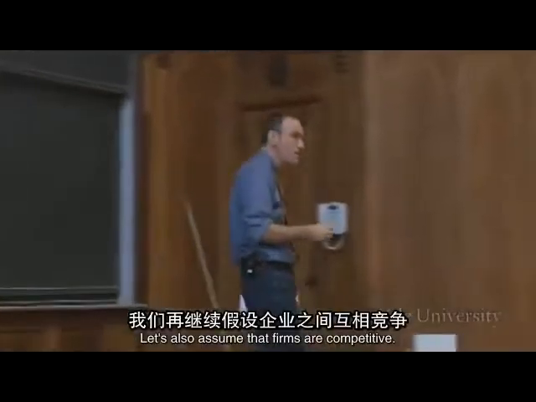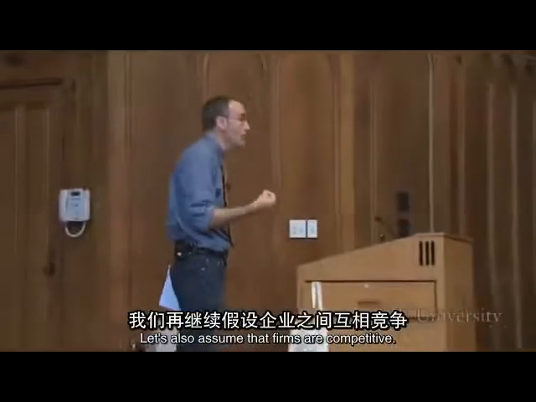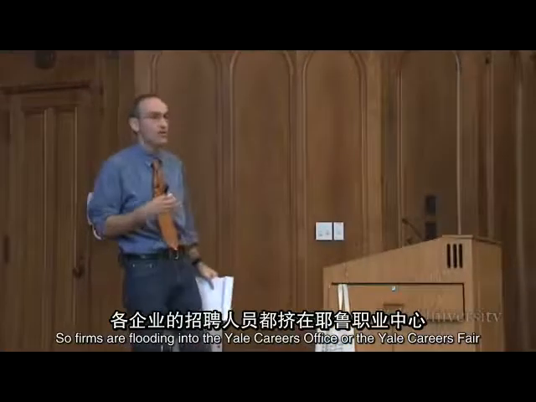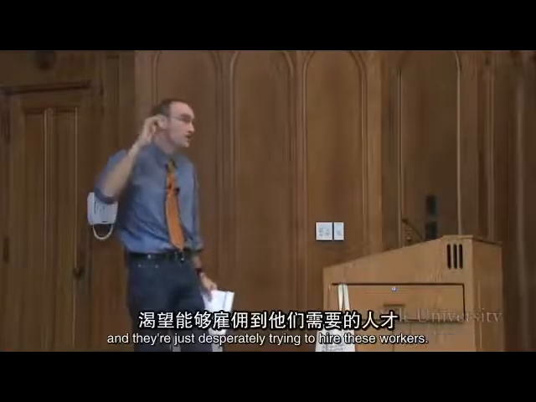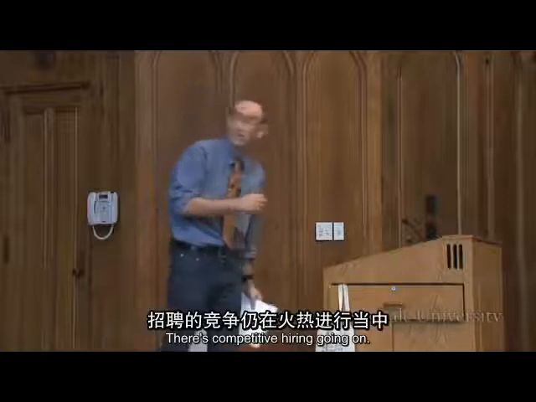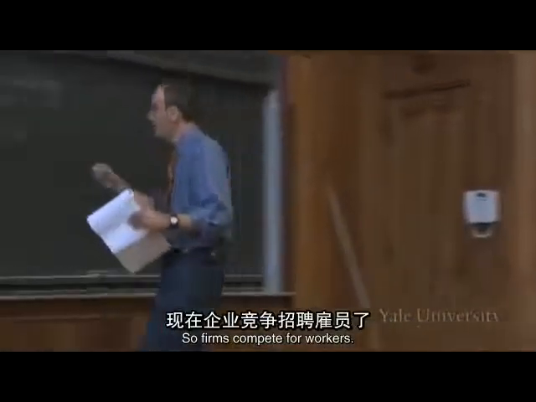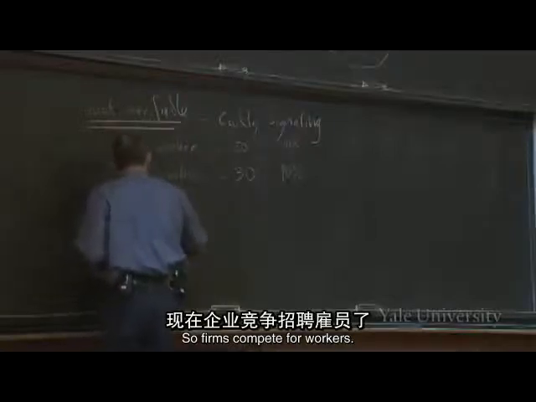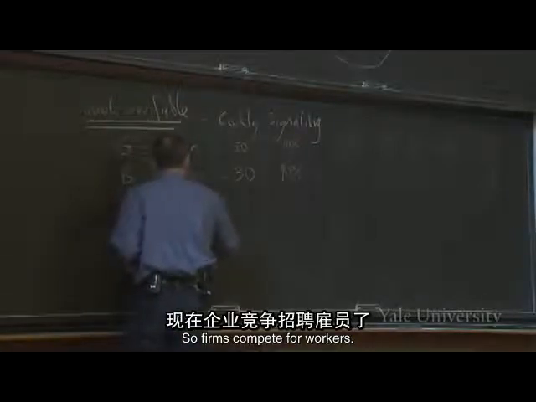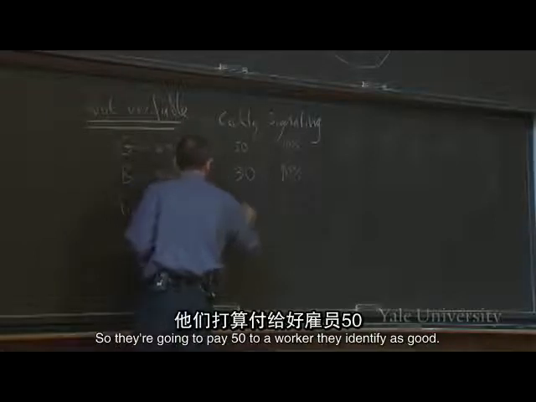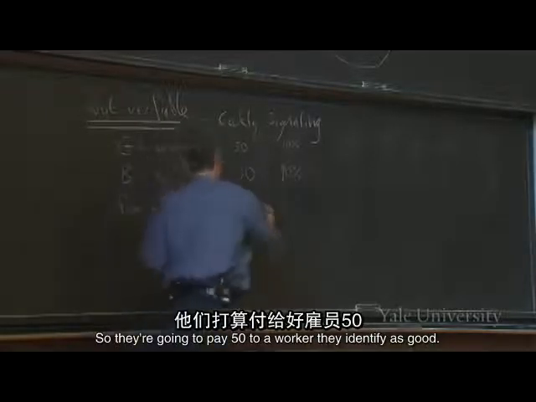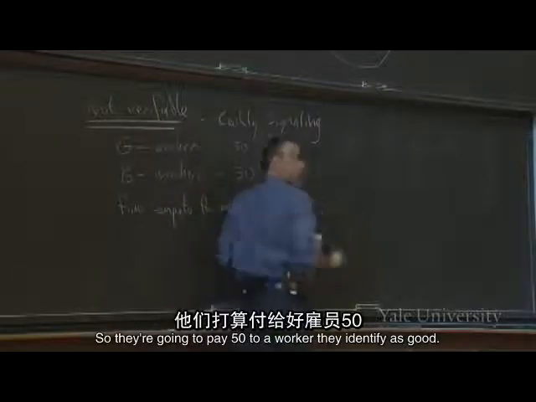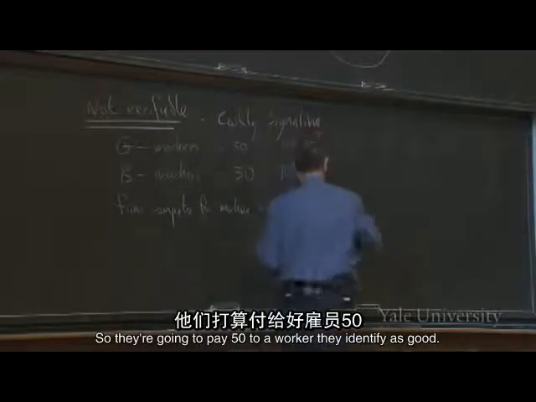All right? And let's also assume that firms are competitive. All right, so firms are flooding into the Yale Careers Office or the Yale Careers Fair, and they're just desperately trying to hire these workers. There's competitive hiring going on. All right, so firms compete for workers. So they're going to pay 50 to a worker they identify as good.